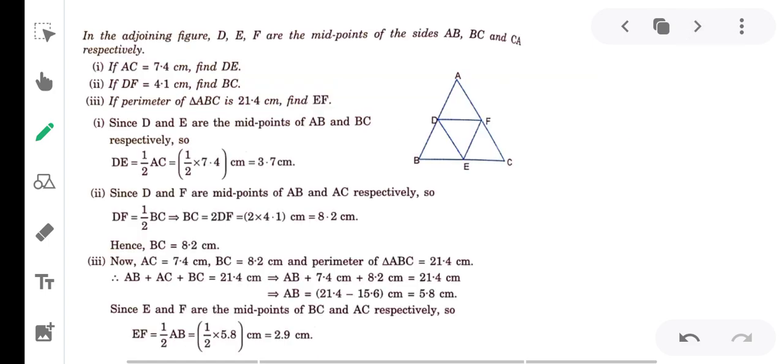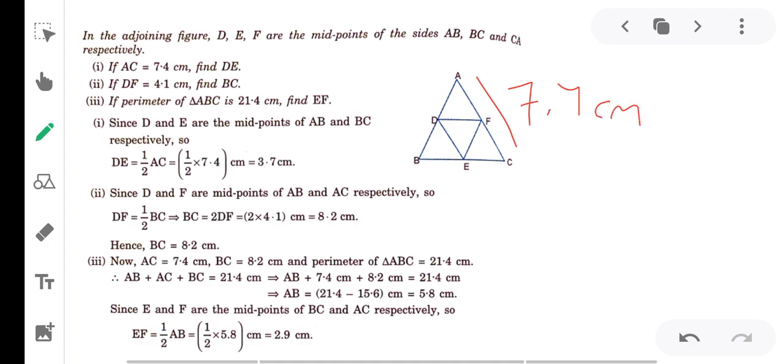In the adjoining figure, D, E, F are the midpoints of the sides AB, BC and CA. Then what is given? AC equal to 7.4 centimeter.